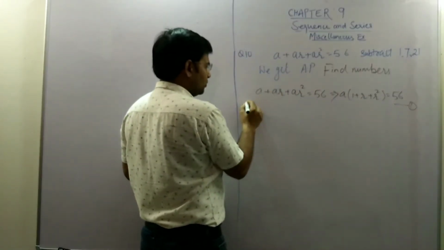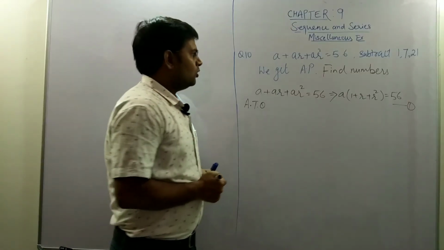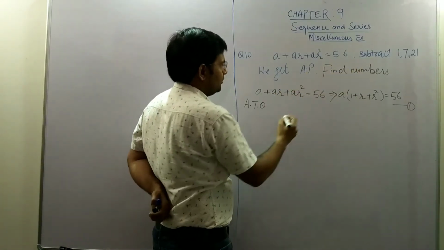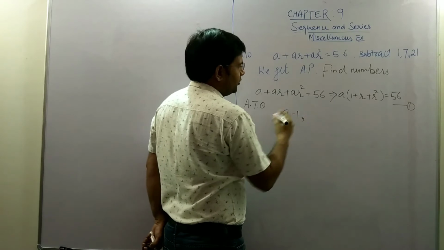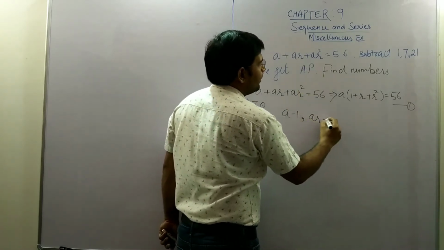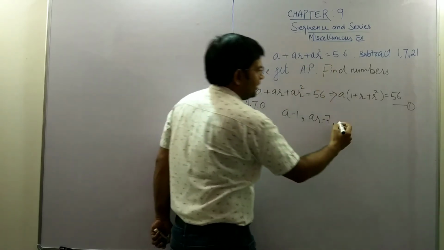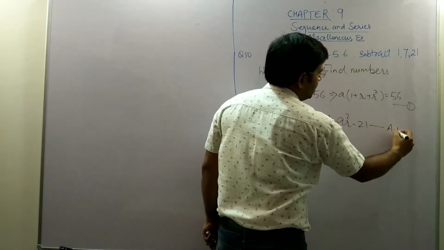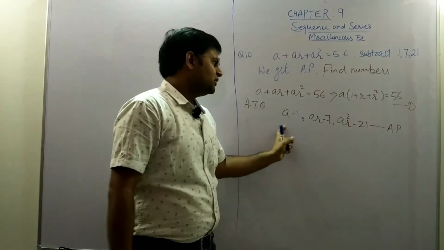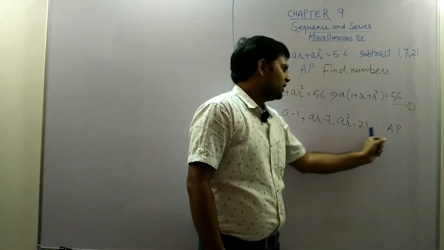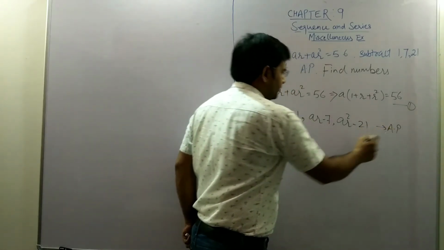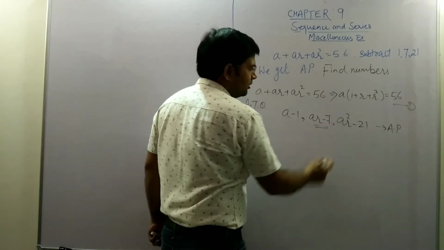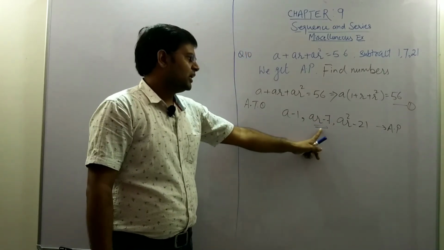Now according to the question, if we subtract, a - 1, ar - 7, and ar^2 - 21, then this becomes your AP. So if these terms are in AP, it means this is your middle term, the arithmetic mean.